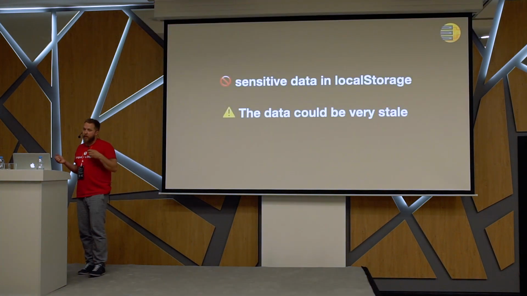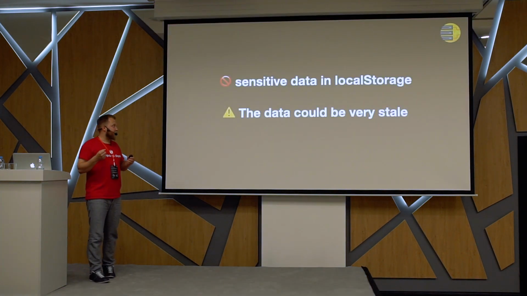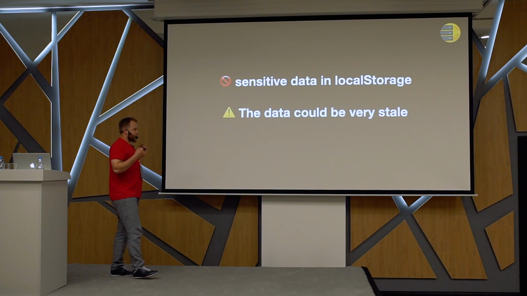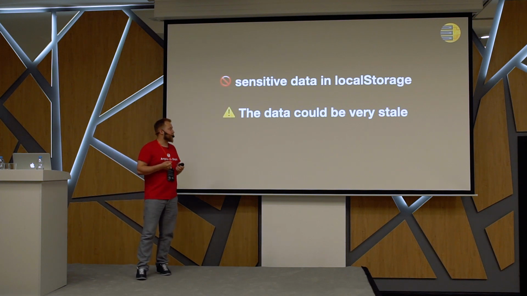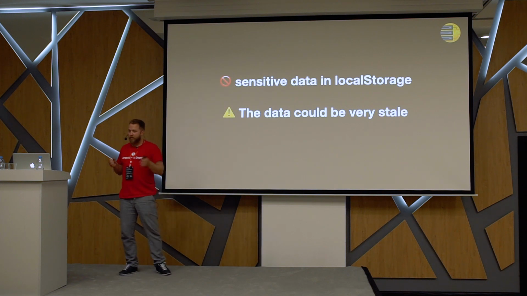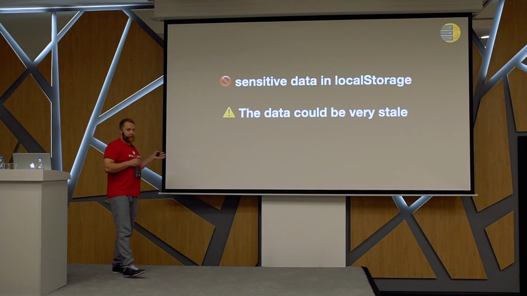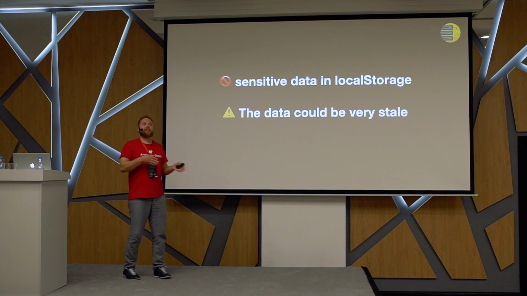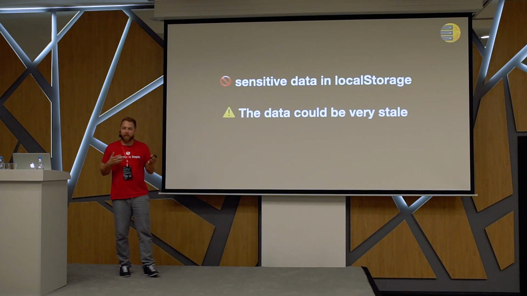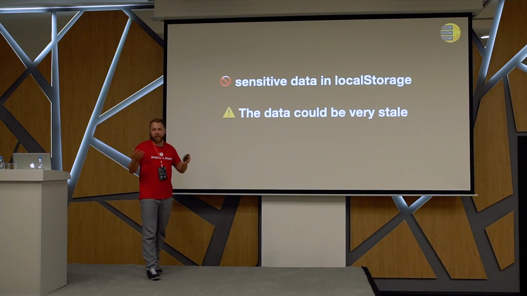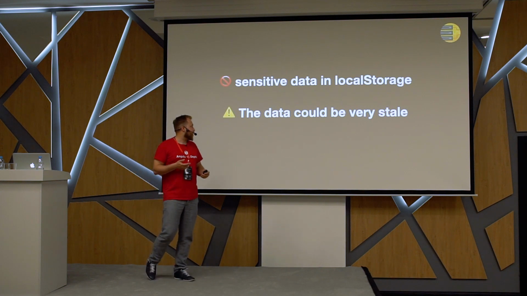Again, here are a few cautions. First of all, don't put any sensitive data in the local storage, like no tokens, nothing. And secondly, the data there could be very, very stale. Within the page, the user could be coming back within 5 minutes or so, you can assume.